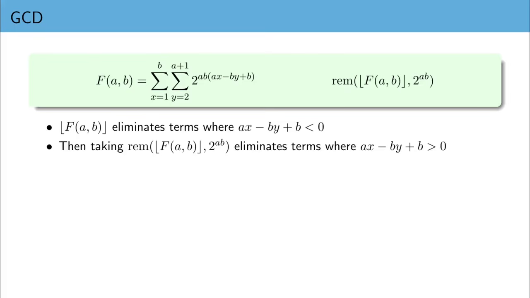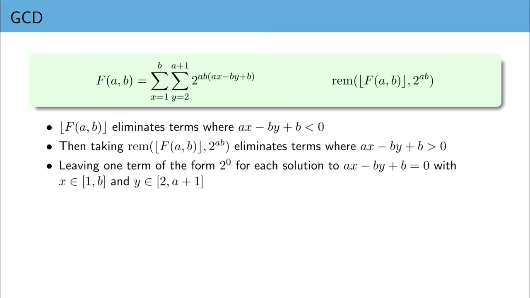And then taking the remainder when we divide by 2 to ab eliminates terms where ax minus by plus b is strictly greater than 0, leaving just one term in the sum of the form 2 to the 0th for each solution to ax minus by plus b equals 0, with x between 1 and b and y between 2 and a plus 1. These sorts of linear Diophantine equations are well studied.